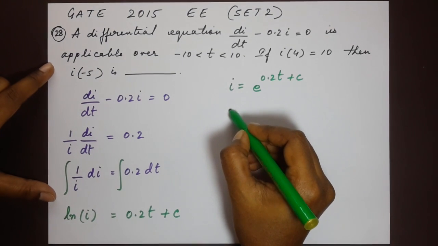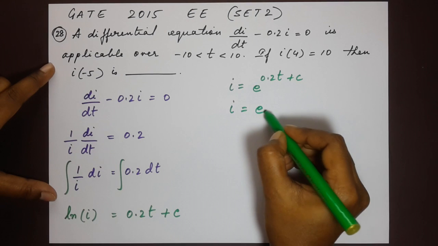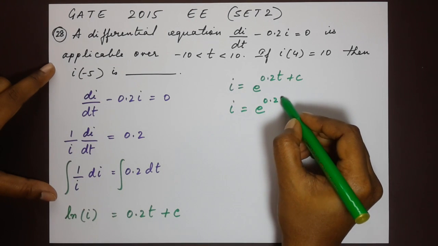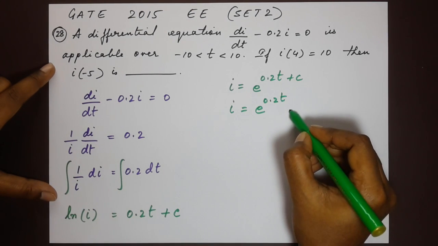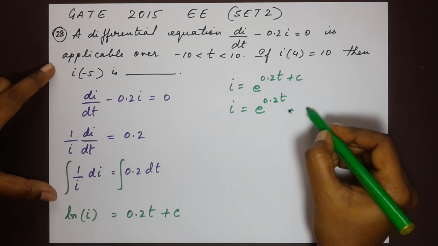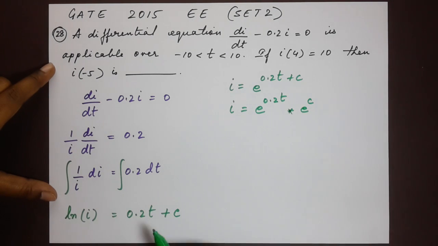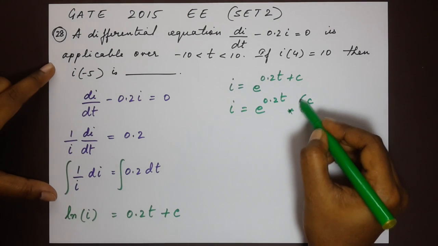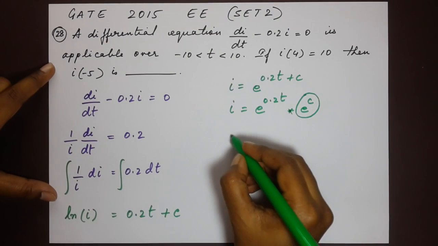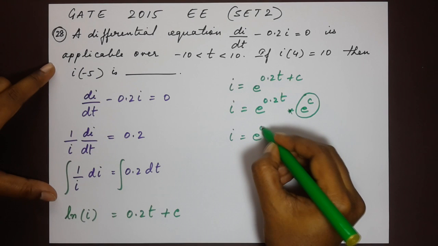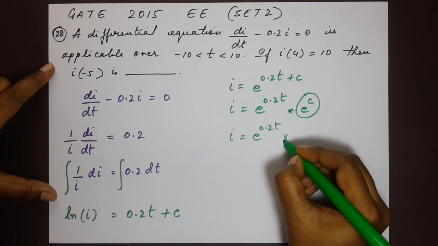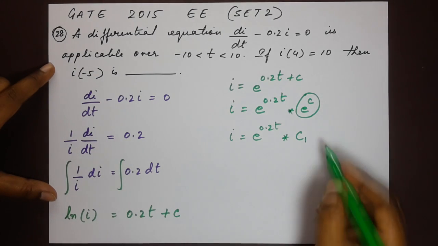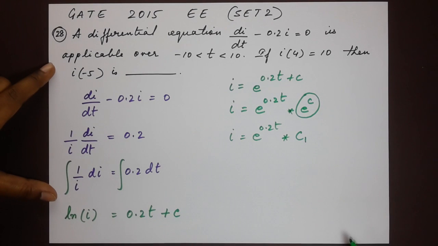Further, I can write this as e to the power 0.2t into e to the power c. Now let's take e to the power c and write it as c1. Here c1 denotes e to the power c.